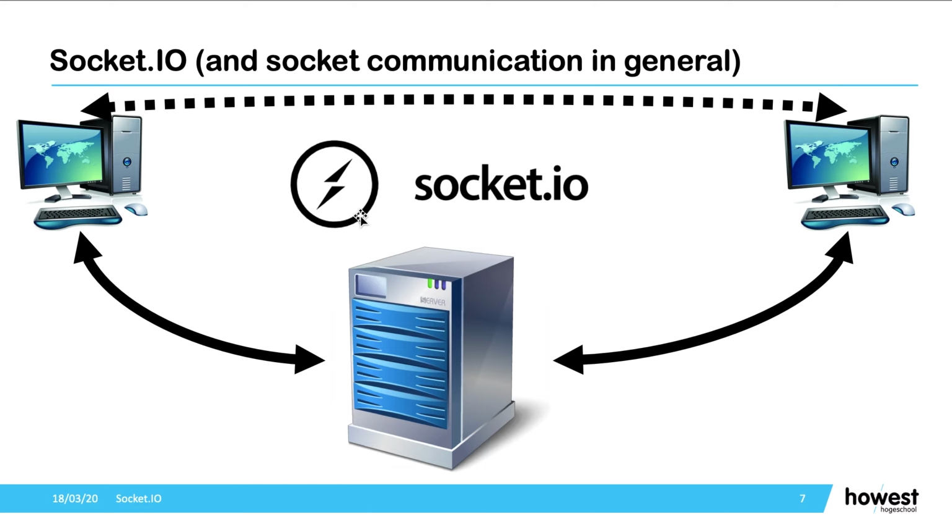Socket.io and other means of socket communication in general allow a server to initiate communication. This client can communicate as well, but what is new is that a server can initiate communication to the client. And if this is possible, we can simulate communication from one client to the other.